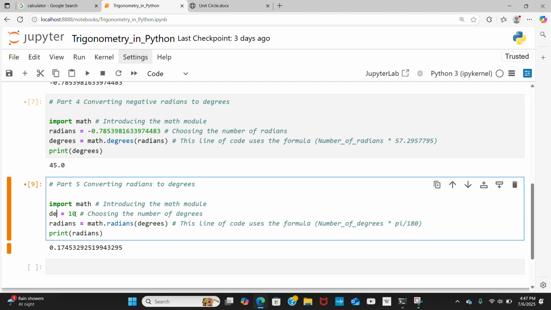So radians, suppose we want to find 10 radians. So just bear with me. Well, that was a mistake over here. Sorry for my mistakes.